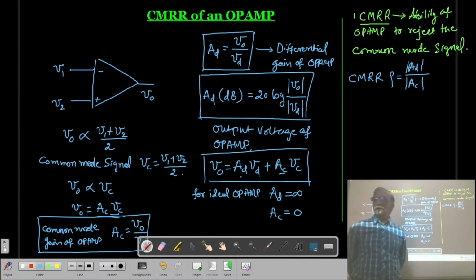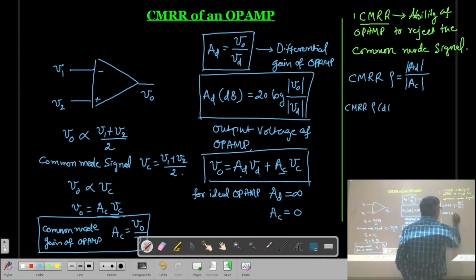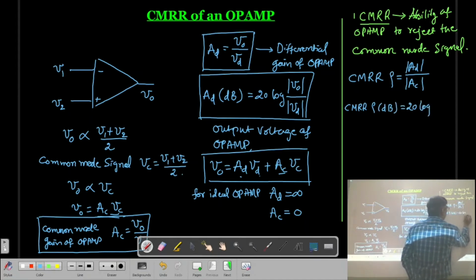Normally the CMRR is represented in dB, so we can write CMRR rho in dB equal to 20 log AD by AC.